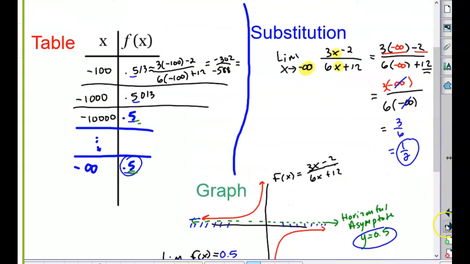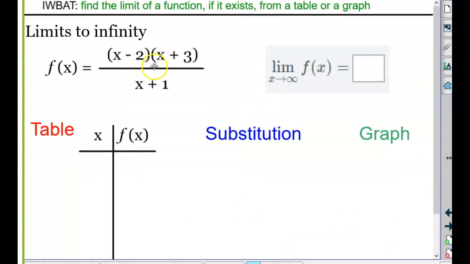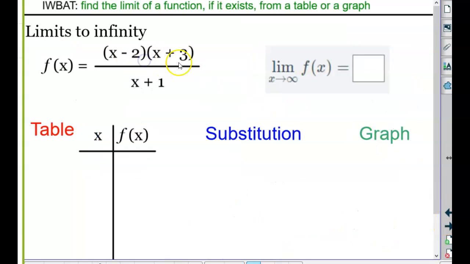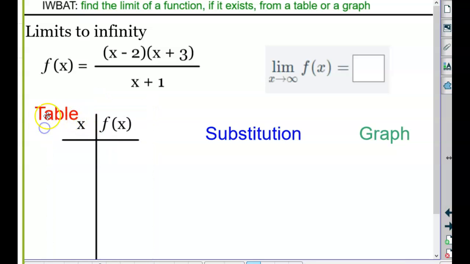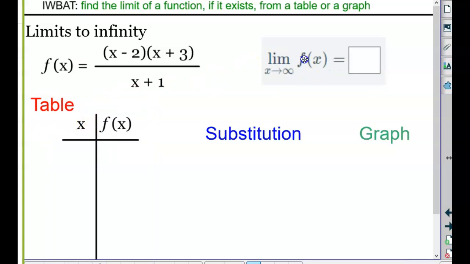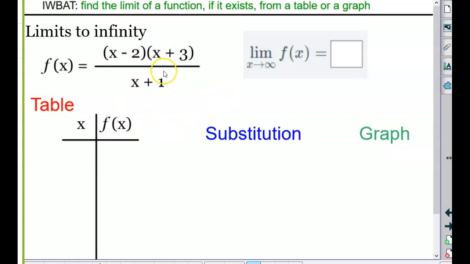Okay, so what if I have a different kind of function? Now, the table, we're just going to do this in our calculator. You don't have to write the table side down. But let's use our calculator to figure out where the limit is going to be as x approaches positive infinity.